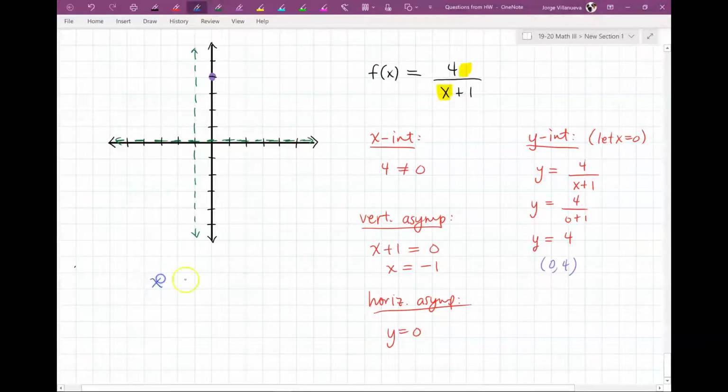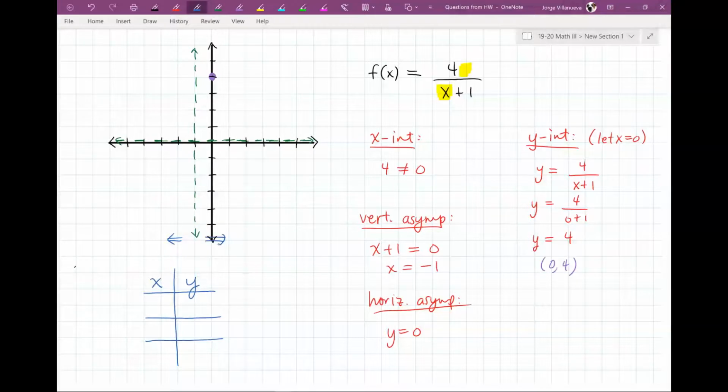Okay, so you're going to make an x and y table really quick. And when you're doing this xy table, notice we already have 1 point there. So let's just pick 3 more. Now pick them to the left side and the right side of that vertical asymptote. Notice I already have 1 number to the right side of the vertical asymptote.